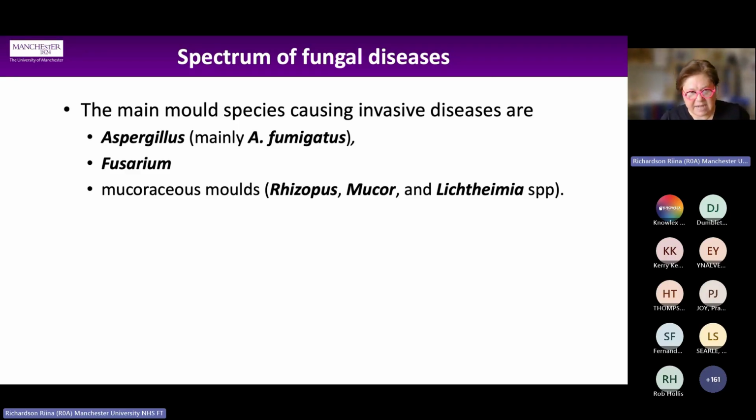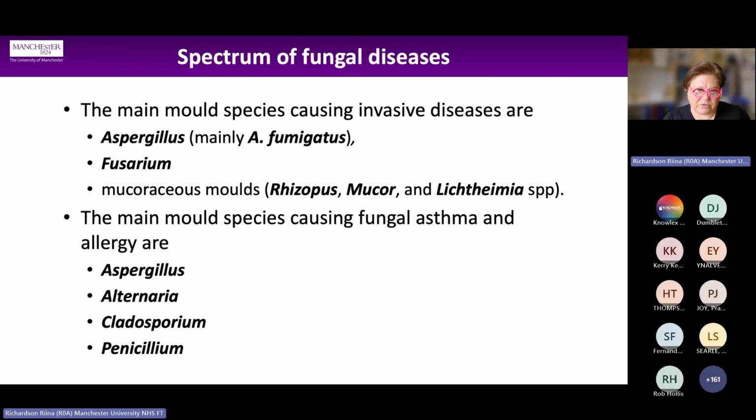There is the other spectrum of causes, the fungal species causing fungal asthma and allergy. Aspergillus is on both lists, but then there are others like Alternaria, Cladosporium, and Penicillium. So Penicillium, which I said was a wonderful food preservative, and you know your blue cheese is safe to eat, but you can become sensitized to it, and you can develop allergy to it.